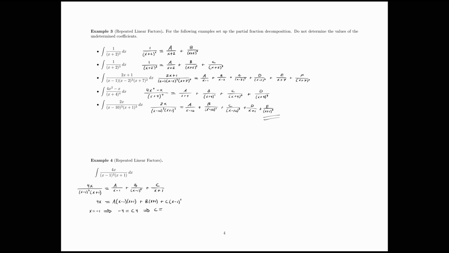So c is equal to negative 1. Plugging in positive 1, this gives us 4 on the left-hand side. And now plugging in positive 1 is going to cancel this term and this term. We'll be left with the b term, which is going to be 2b. So b is 2.